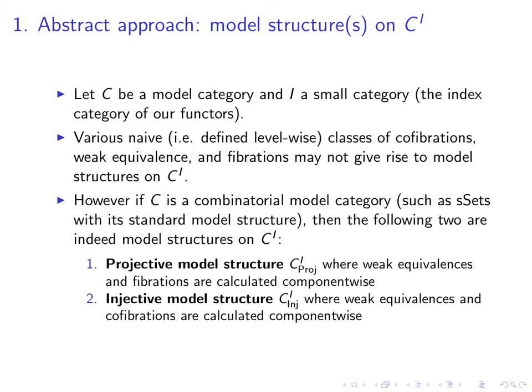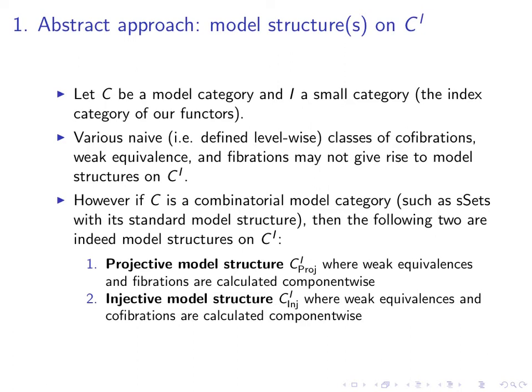Okay, so the first approach is the abstract approach. Let C be a model category and I be a small index category. Then the various naive, by which I mean level-wise, classes of cofibrations, weak equivalences, and fibrations may not give rise to model structures in general.